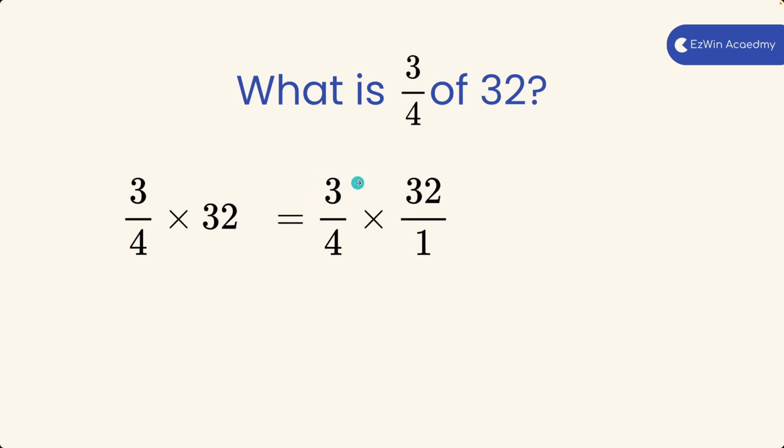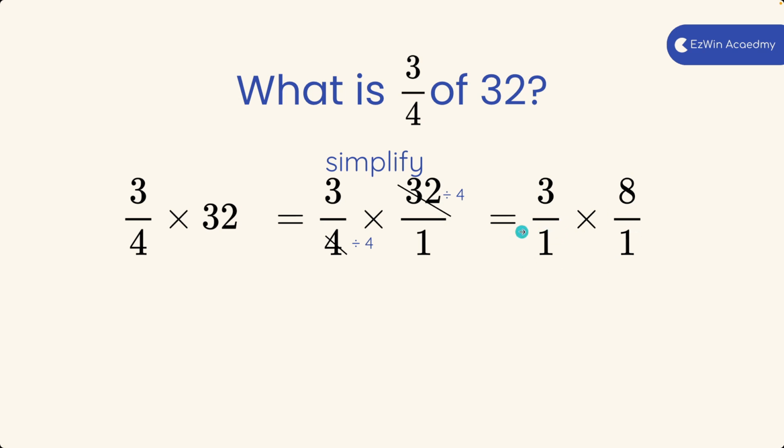So if it's 3 out of 4 multiplied by 32, can we see any common factors between the denominator and numerator? If you say 4 and 32 have some common factor, then you are right. So we can simplify it. We can divide 32 by 4 and 4 divided by 4, and this will give us 8 and 1.